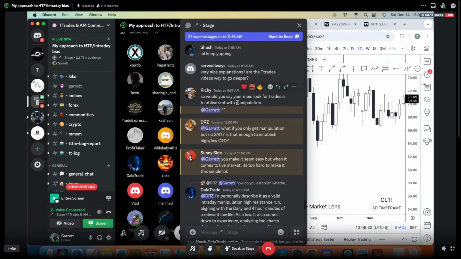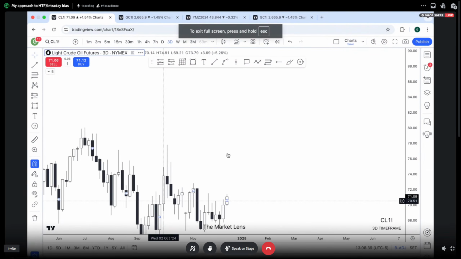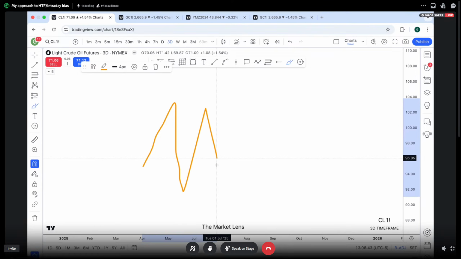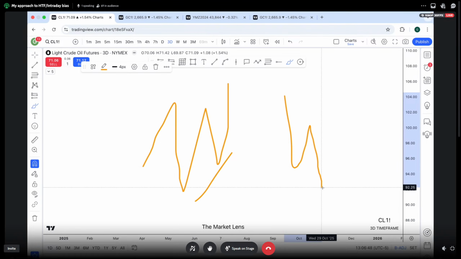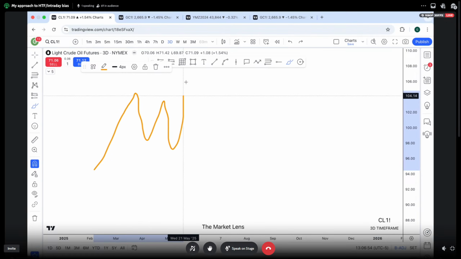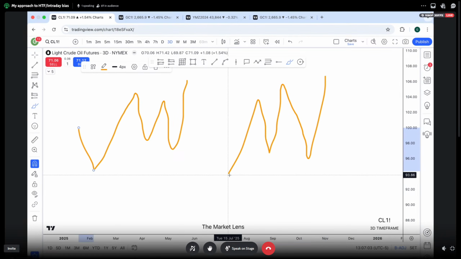So it's manipulation, but SMT is manipulation essentially. It can look like this too, though. It doesn't have to look like this, where one asset does this and the other one does this. It can look like this, where both assets manipulate, but the difference is there's an SMT with some low to the left.